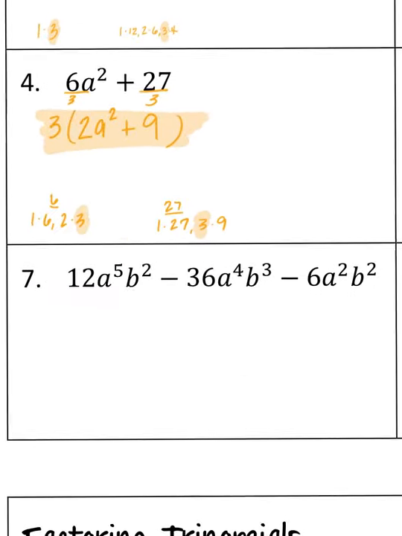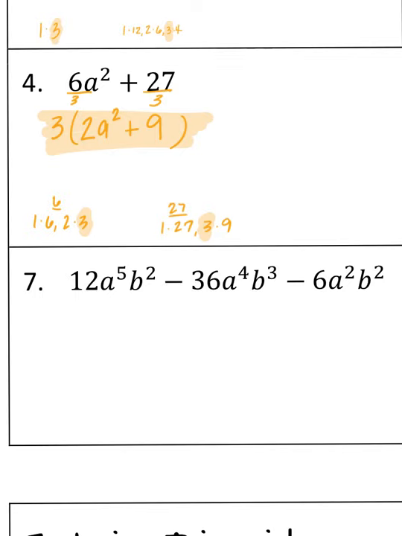Now, 7 looks like a jumbled mess, but that's okay because we're going to look at the numbers first. We're going to break this down and focus on the numbers first. So let's see, 12, 36, and 6. I'm going to write out the factors down below. The factors of 12 would be 1 and 12, 2 and 6, and 3 and 4.